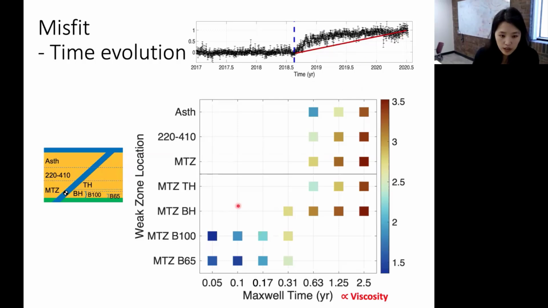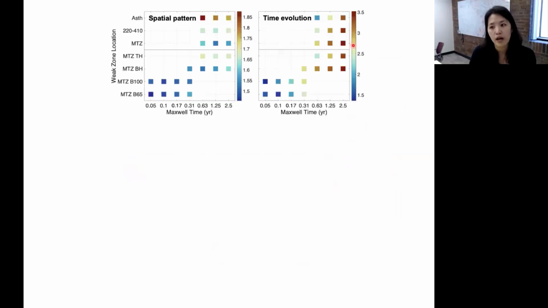Again, this corner is better fitting our data, and those nicely capture this time evolution of logarithmic-like feature there. So we can combine those two different types of misfits, spatial pattern and the time evolution pattern. And as I mentioned, we are looking at the left bottom corner fitting the data the best.